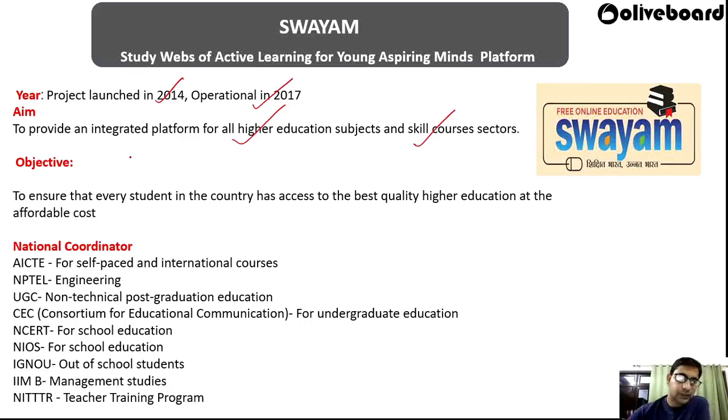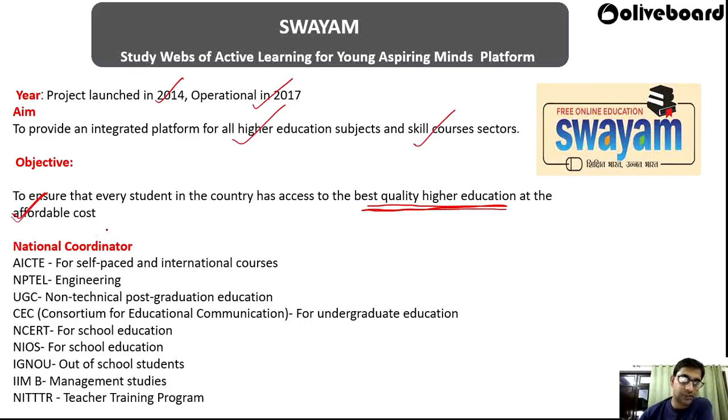The main objective of this portal is to ensure that every student in our country has access to the best quality higher education at affordable cost, so that nobody should pay very high prices for these courses.